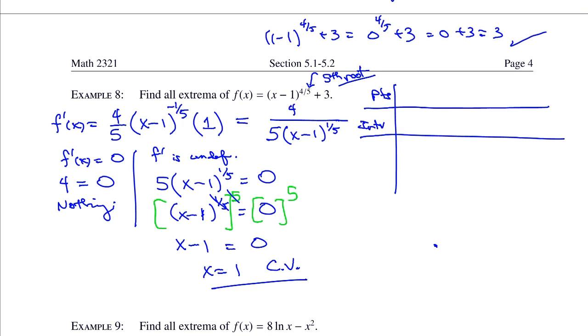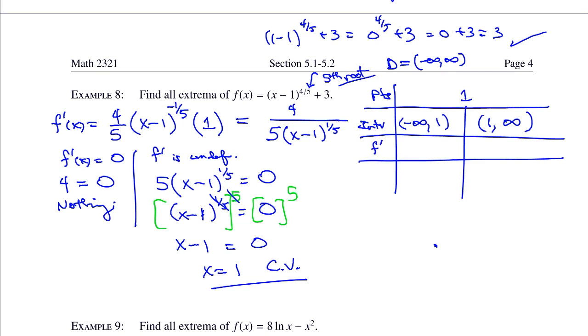So we're going to put the 1 in the box here. And the domain of this original function is everybody. So this is going to go from negative infinity to 1, and then 1 to infinity. F prime, and then f. And we need to do some testing.